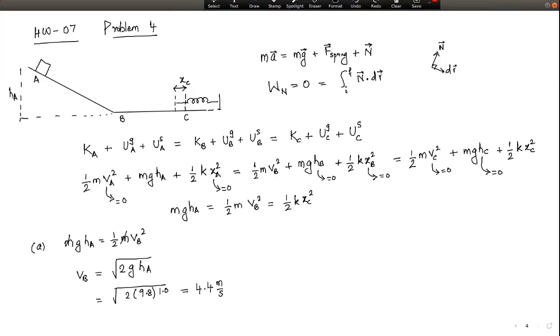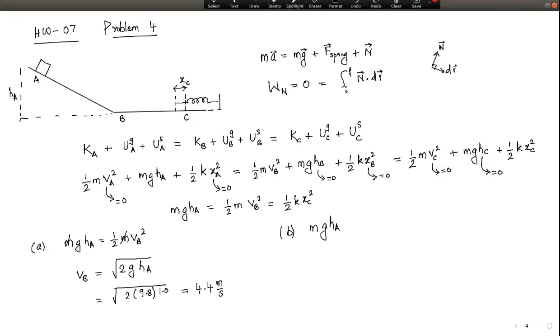Part B requires us to determine the maximum compression in the spring, that's xc. So again, we use mg h of A. We can use the second equality now that we have the velocity known, but we can also equate it to the first one because those are the quantities given in the problem.